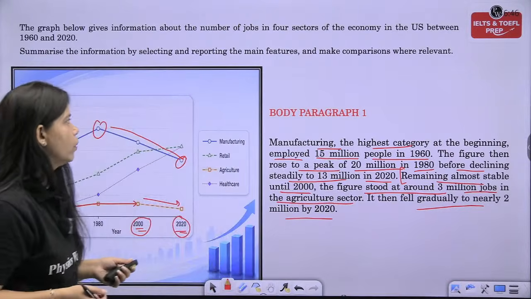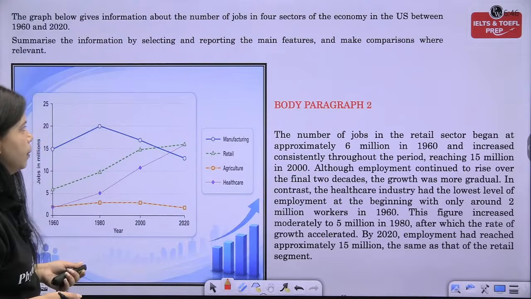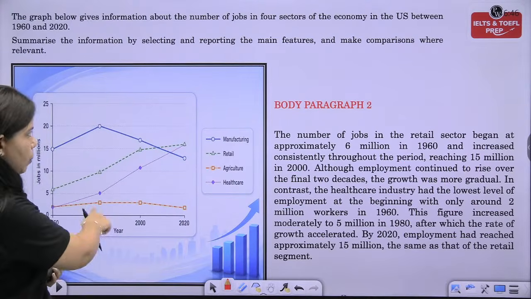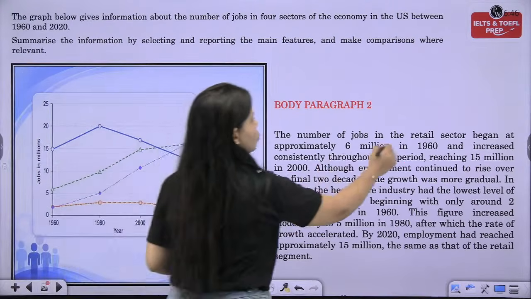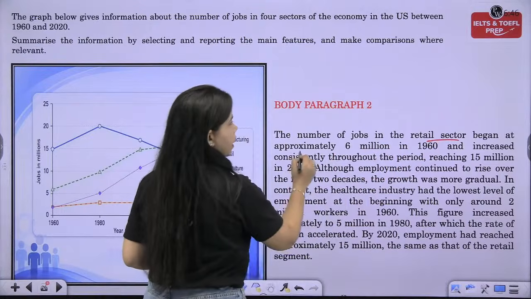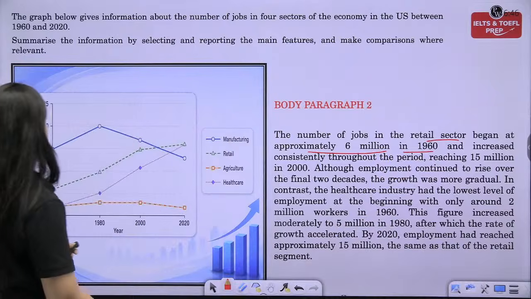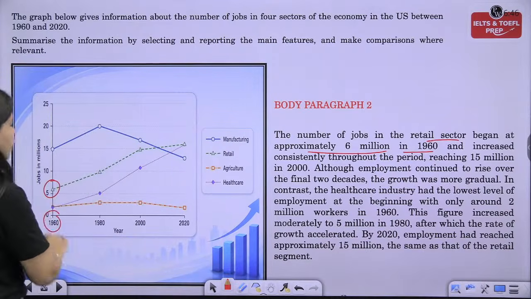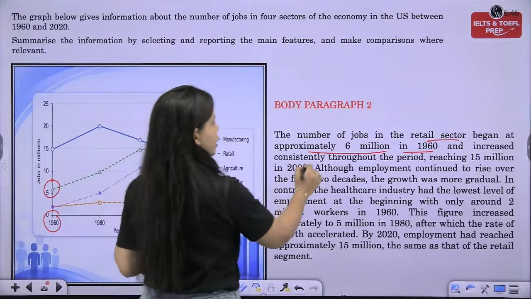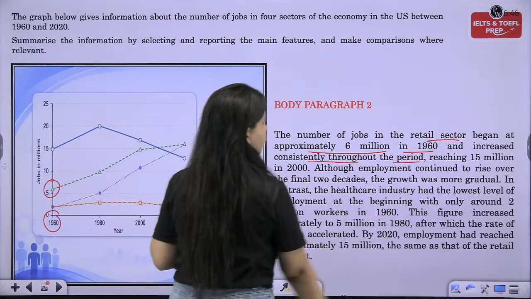Okay, so moving on to body paragraph 2 now, guys. The remaining 2 lines. It says the number of jobs in the retail sector began at approximately 6 million in 1960 and increased consistently throughout the period.